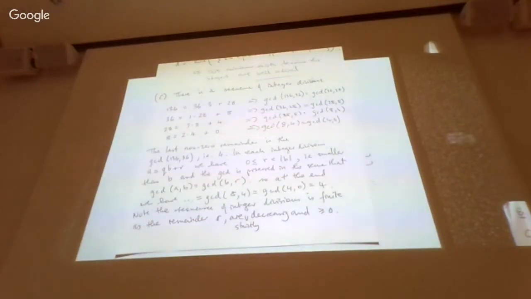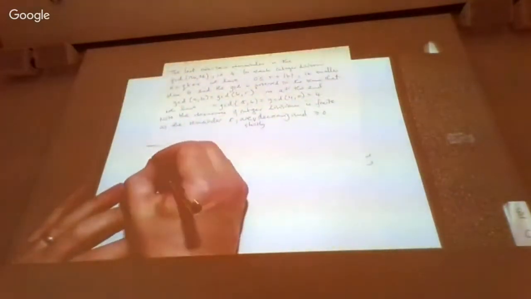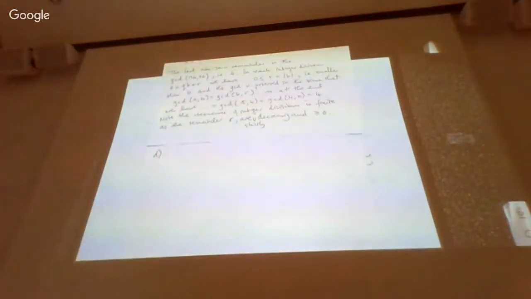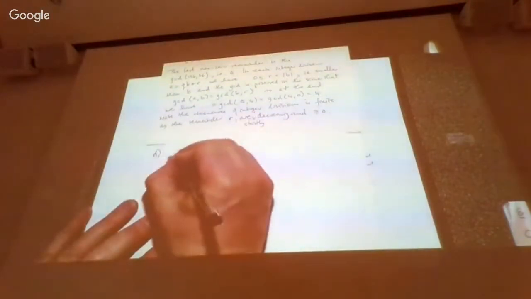And finally, this question is proof by induction of a divisibility result. This will be part D. So we're proving by induction that 8 always divides.